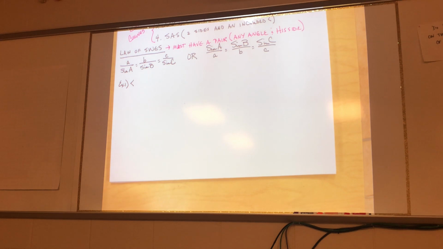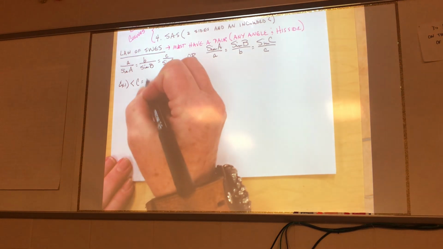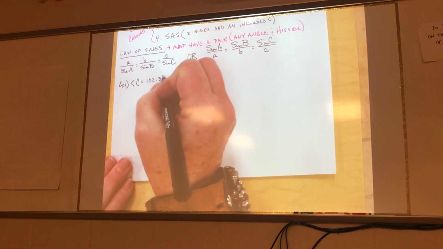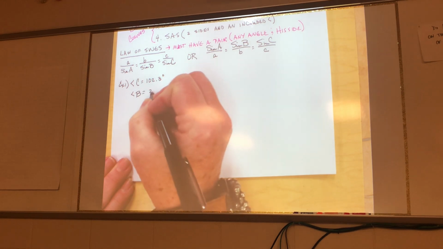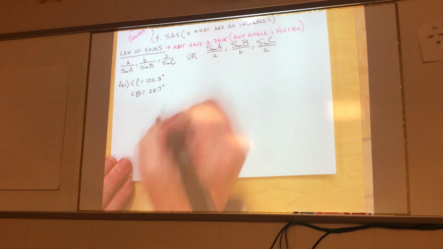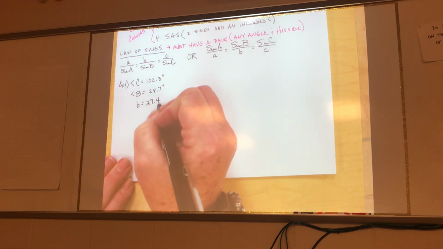You have to have one side. The other 2 can be anything in the world, okay? So I'm gonna tell you that angle C is equal to 102.3 degrees. Angle B is equal to 28.7 degrees. And that side B is 27.4 feet.